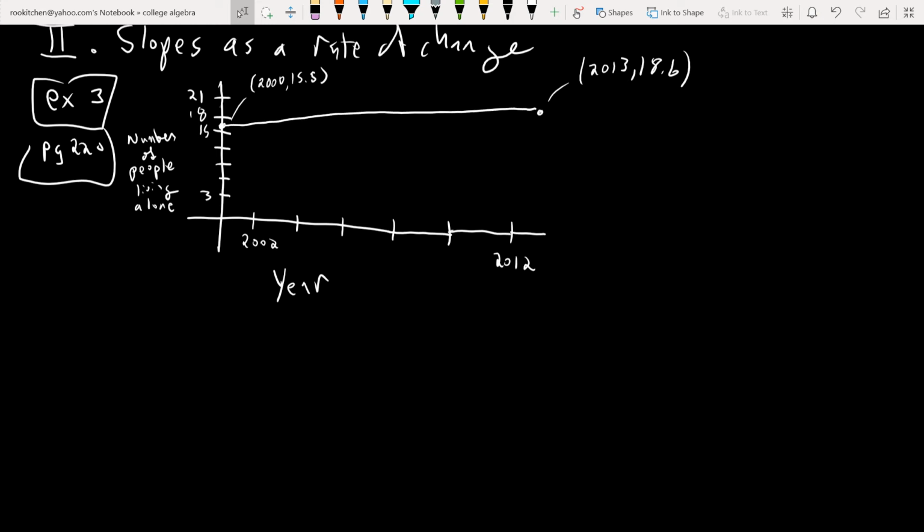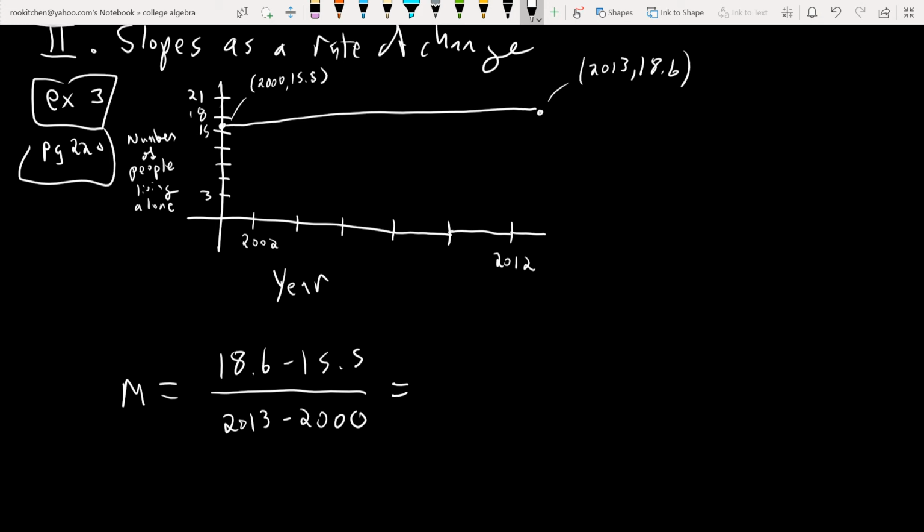So the slope will equal 18.6 minus 15.5 all over 2013 minus 2000. It's just y2 minus y1 over x2 minus x1. And that's 3.1 all over 13, and that will be approximately 0.24.